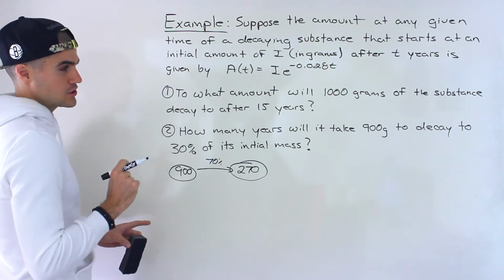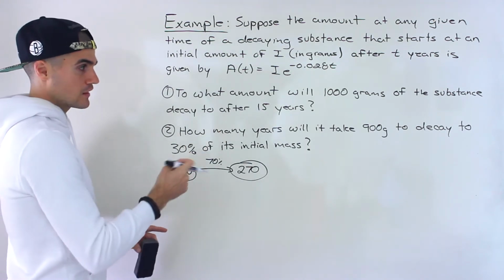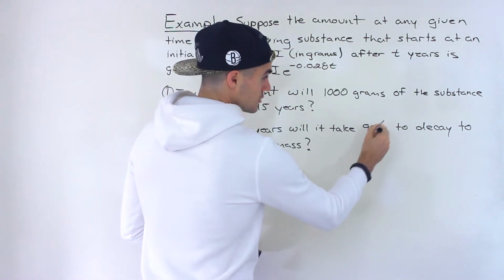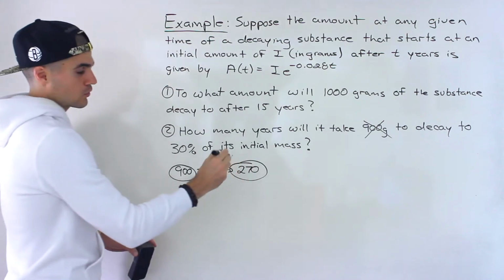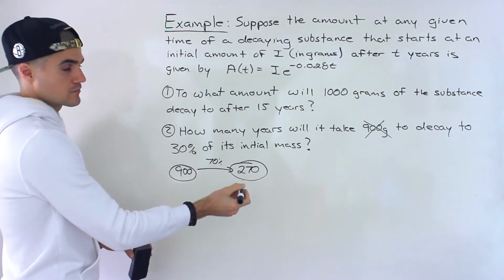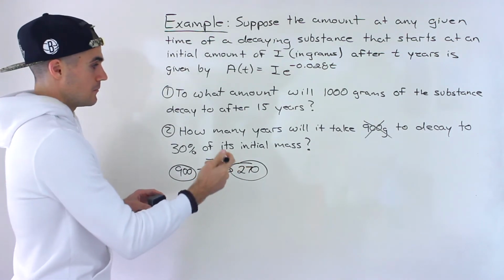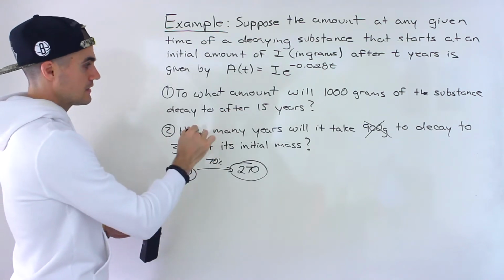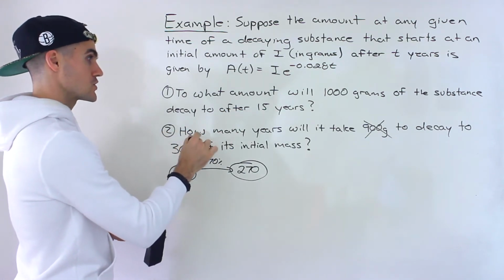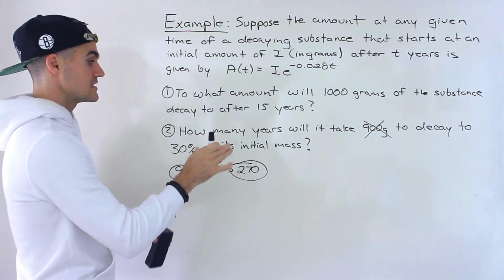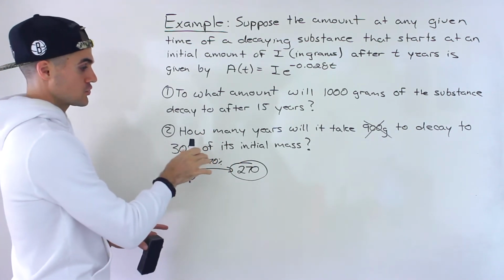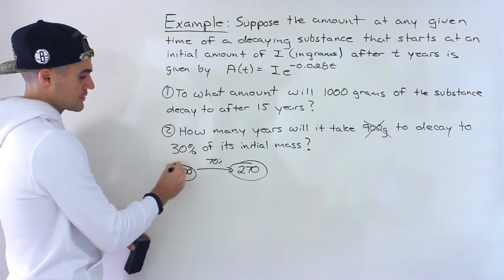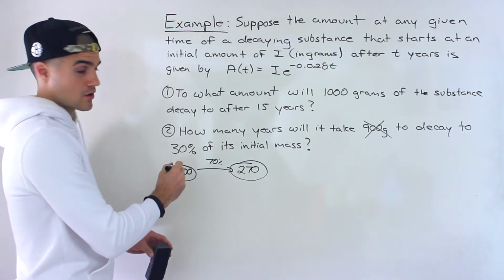Another thing I want to mention, and I'll show you at the end of the algebra, is this 900 grams here. It's actually irrelevant. We're going to use it initially to show you the algebra, but that actually didn't have to be given. It could have just said how many years will it take for the substance to decay to 30% of its initial mass, because you're going to see because of this 30%, it doesn't actually matter where it starts.